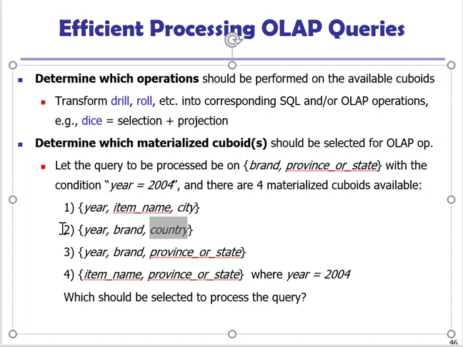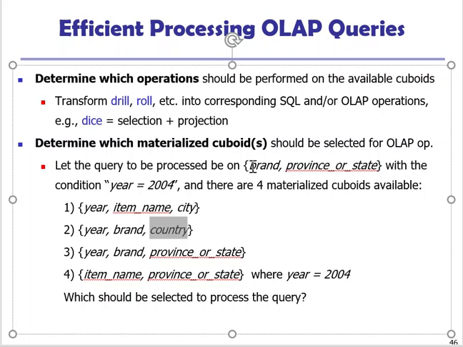This cuboid will not give us any information on the cities, in which city of China this brand was sold. We won't be able to derive lower level data from a high level cuboid. That's an important observation to keep in mind.